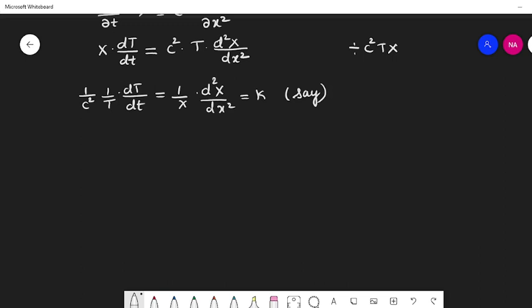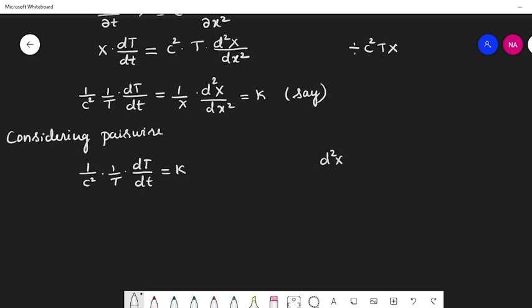Okay. Now you have to consider them pairwise. So considering pairwise, we get 1 by c square into 1 by T into dT by d small t equal to k, and on this side, 1 by X into d square capital X by d small x square equal to k.